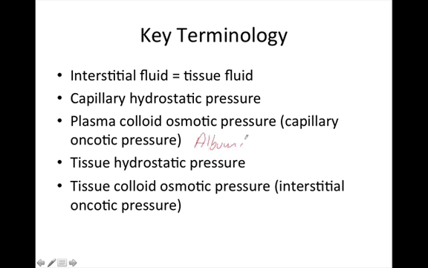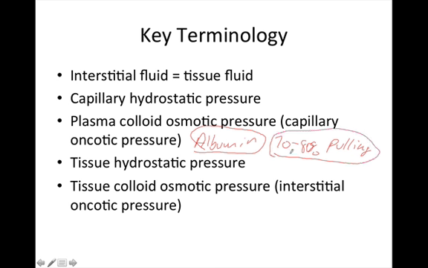I apologize for erasing all those notes, but if you need to go back, you can just hit pause and rewind. I'm just running out of room here, so sorry. So albumin exerts about 70 to 80%, 80% of the effect. That plasma protein plays a very critical role in this fluid shifting between blood and tissues. So this plays the largest role in reabsorption, or pulling fluids back into the bloodstream.